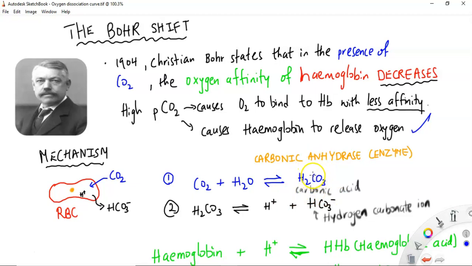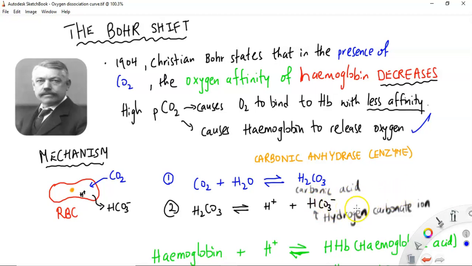Then that acid dissociates and releases H plus ions, hydrogen ions, and hydrogen carbonate ions. So the carbon dioxide has ultimately been converted into the hydrogen carbonate ion. And guess what, boys and girls?